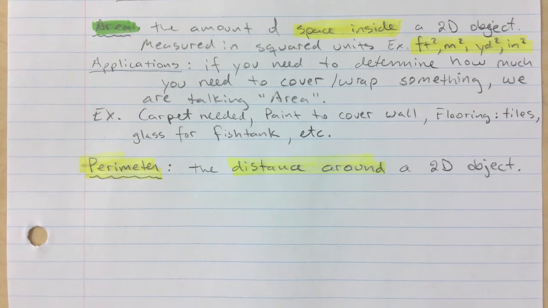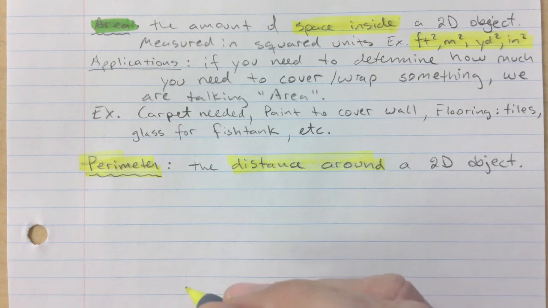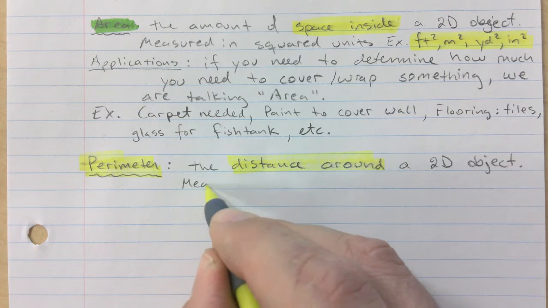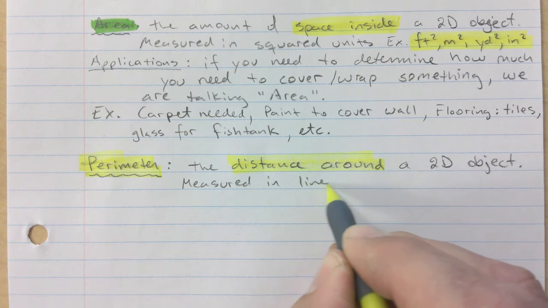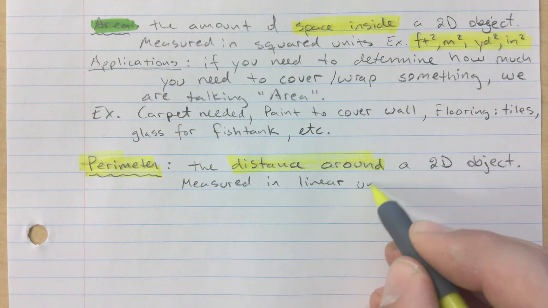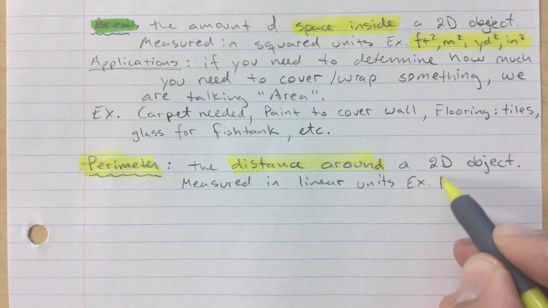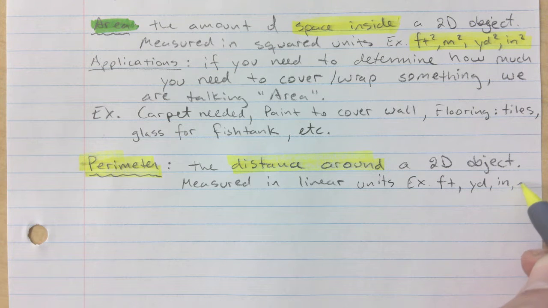It goes around the city. And then that should help you remember. This is measured in linear units. Example, it'd be just feet, yards, inches, etc. So there isn't a little square on top of it. It's just one dimensional.